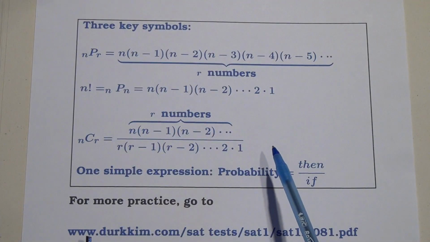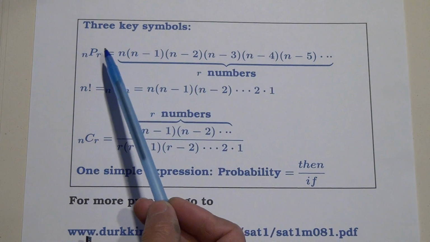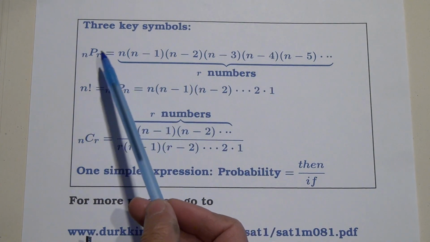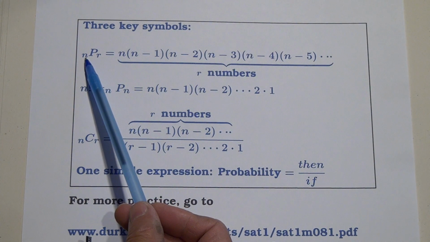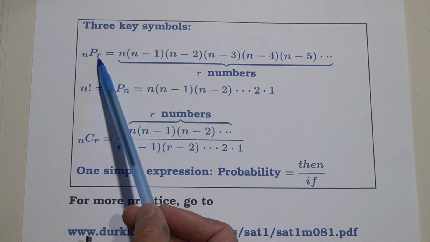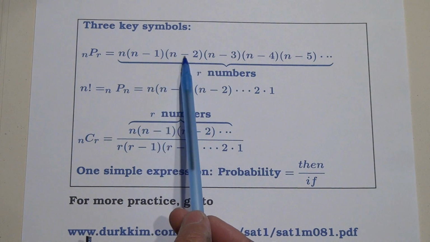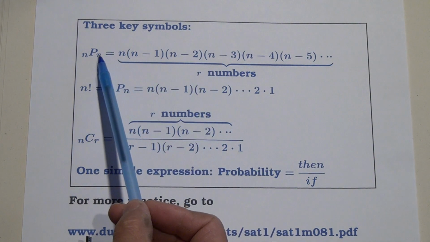Okay, now, for probability questions, you have to remember these three formulas. Permutation. What was the permutation? From n, you multiply this many numbers, decreasing 1 each step. n times n minus 1, n minus 2, n minus 3. How many numbers? All numbers.